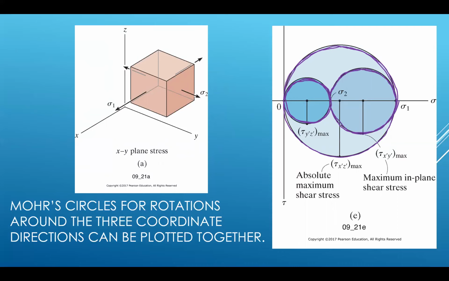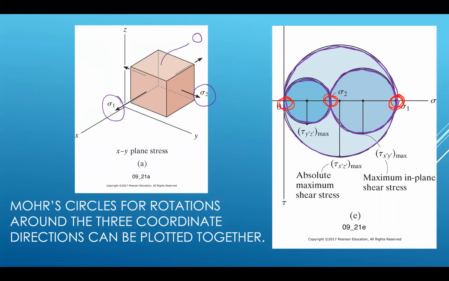So what this means is that whenever you start with your principal stress state, you have some value for sigma 1 and sigma 2, and then your third value in this class is always 0. You can make a figure that looks like the figure on the right, where one of your circles will always pass through sigma 1 and 0. That would be the biggest circle in this case. One of them will pass through sigma 2 and 0, and the other one will pass through sigma 1 and sigma 2.